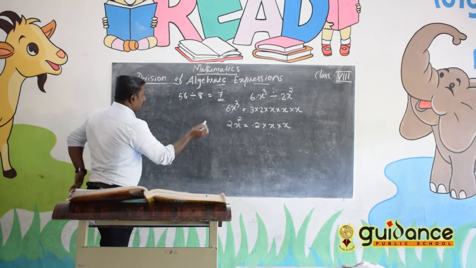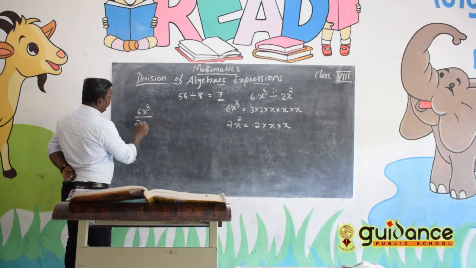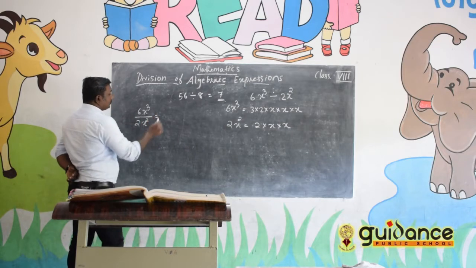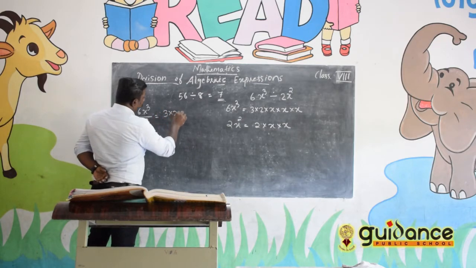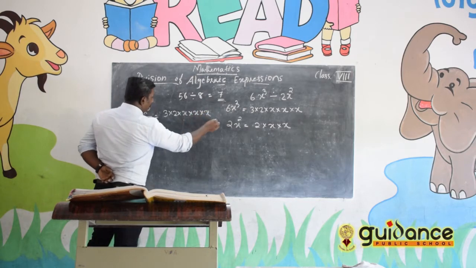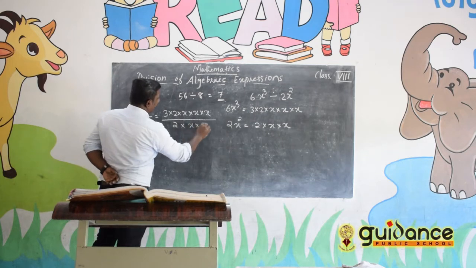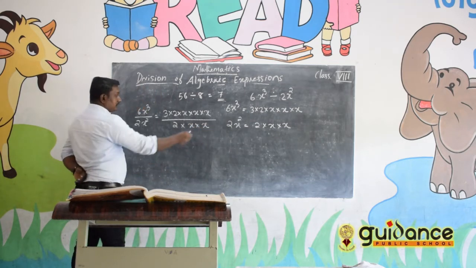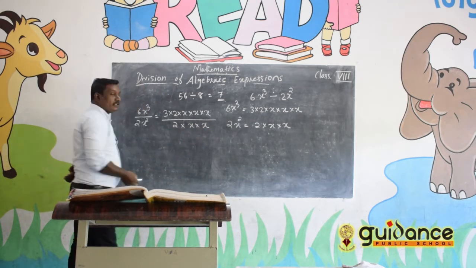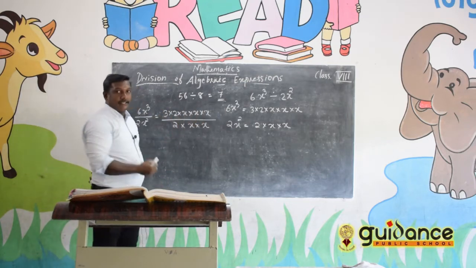After that we rewrite these. 6x cube divided by 2x square can be rewritten as 3 into 2 into x into x into x, all divided by 2 into x into x. Now we can cancel. When these are all multiplications, only then can we cancel the numerator and the denominator.